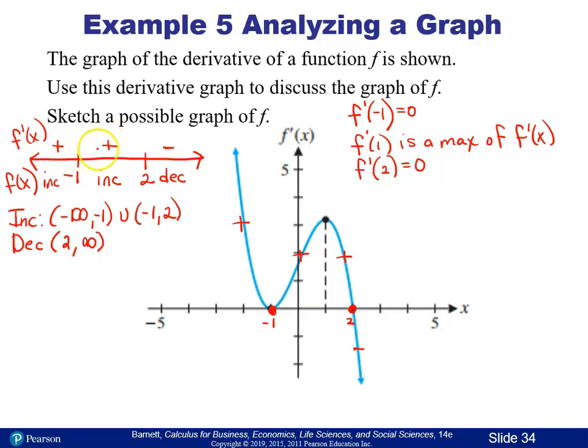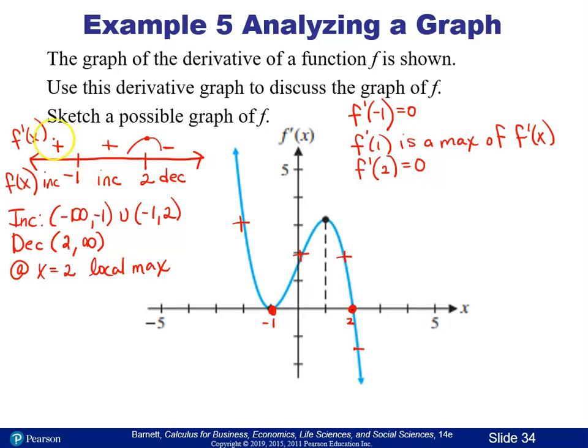We don't have a sign change at -1, so our original function would not have a maximum or a minimum there, no local extrema. But we do go from positive to negative, so at x equals 2 we would have a local maximum. Since it went from increasing to decreasing, we'd have a maximum occurring there.